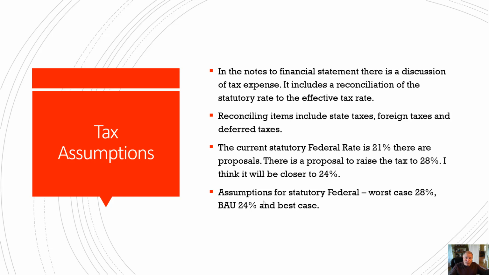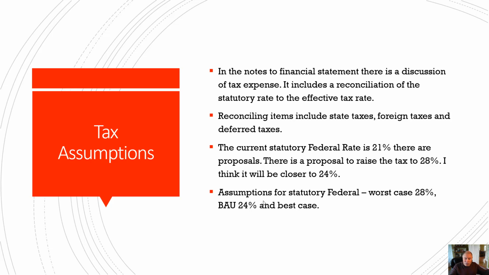Because the actual tax relief that brought it from 35 to 21, from a policy perspective, was meant to increase jobs and capital spending. And companies just bought stock back, paid dividends, reduced debt. So it didn't have the impact that was anticipated. So I think we're going to see an increase, but I don't think it's going to be 28.